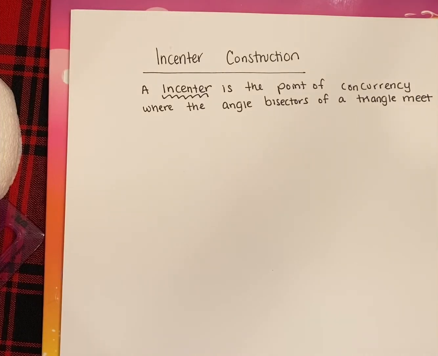Okay, so now we're gonna do an incenter construction. An incenter construction is the point of concurrency where the angle bisectors of a triangle meet. So what we're gonna do is make a triangle.